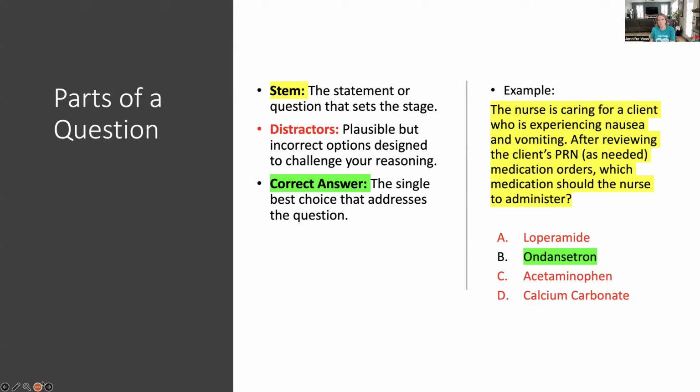Distractors are your plausible but incorrect options designed to challenge your reasoning. So that's where nursing exams get these kind of bad raps, right? And I mean, I'm not going to lie, rightfully so, because it is one of those tests where sometimes all of your answer options, including your distractors, your correct answer, are going to be right.